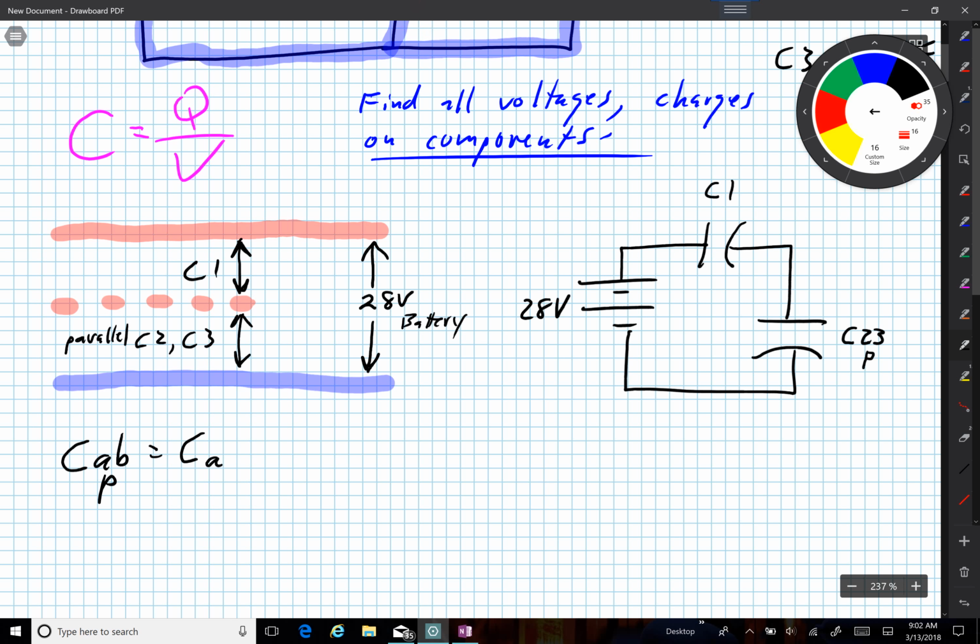That's why we call them equivalent. And the reason I'm doing this is because if I draw my colors, remember, I'm alternating back and forth.